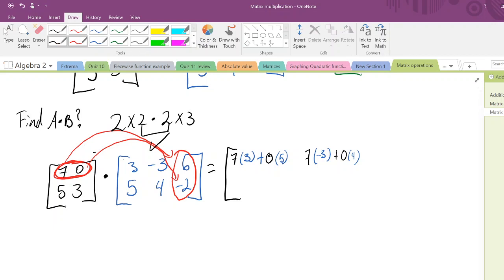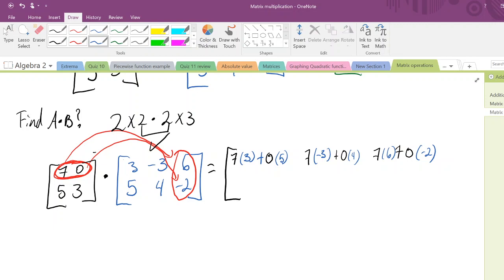So then I have 7 times 6 plus 0 times negative 2. And then you're going to do the same thing. So now you did the first row times every single column in the second matrix.